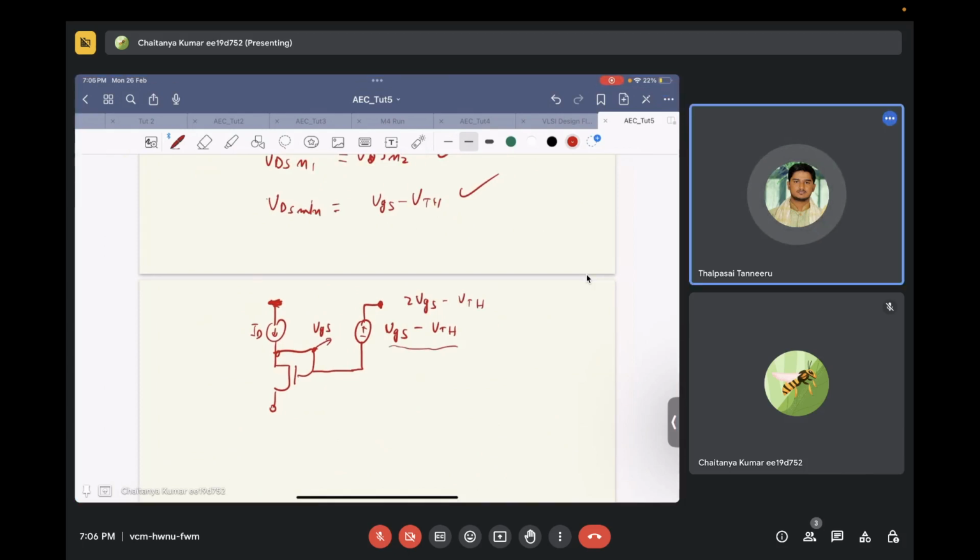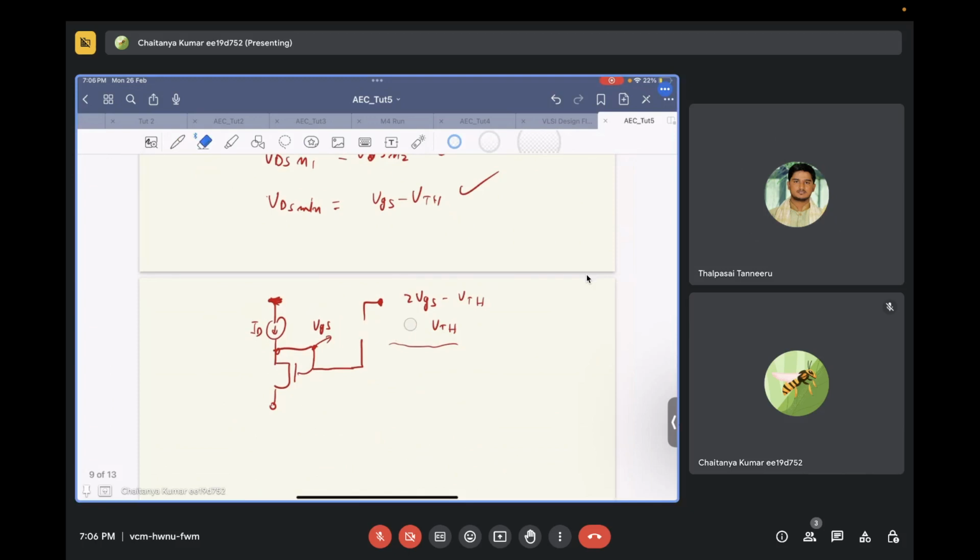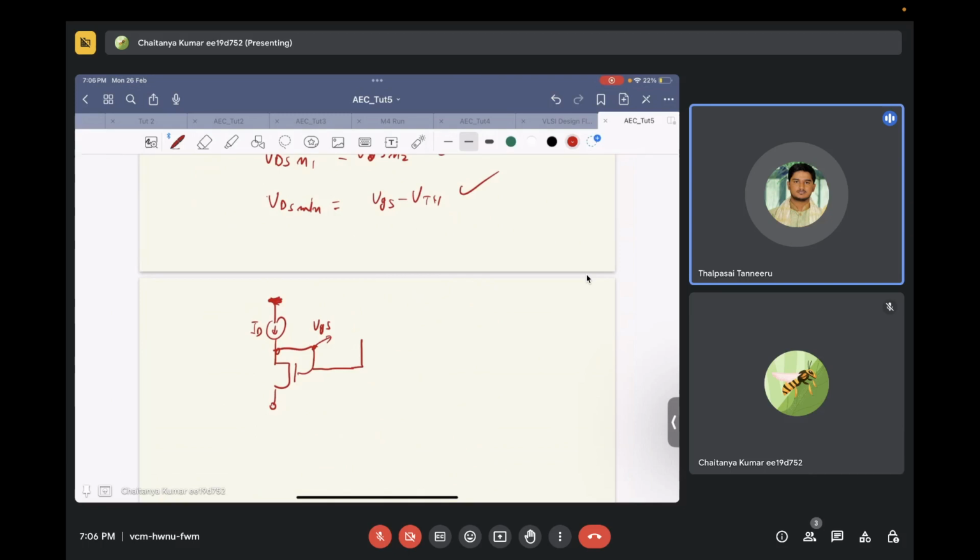Sir, by connecting one more MOSFET, right? Okay. So you need to connect one more MOSFET over here. How will you connect that? Sir, same, here a gate is connected. Okay, writing down.